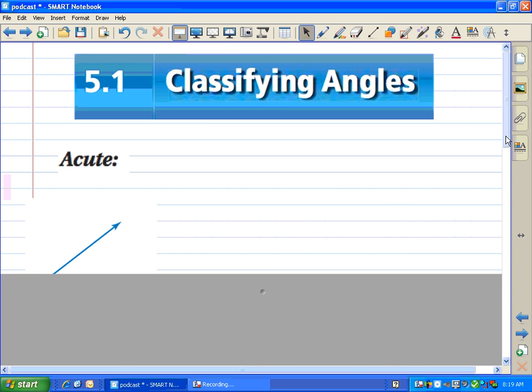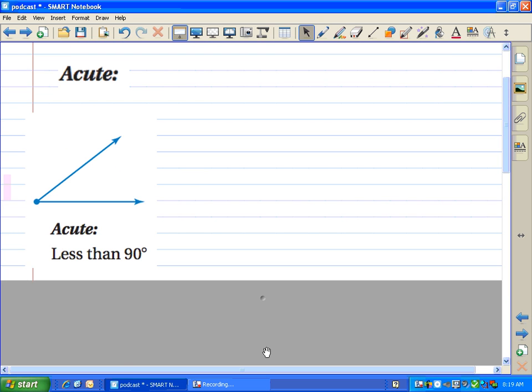Remember, guys, that an acute angle, by definition, is any angle that is less than 90 degrees. Acute angle, any angle that is smaller than 90 degrees.